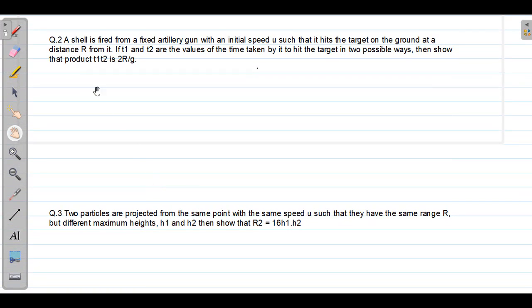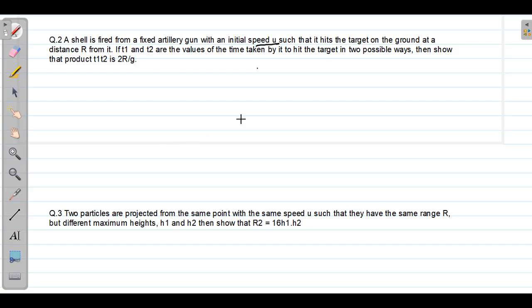Question number 2. A shell is fired from a fixed artillery gun with an initial speed u, such that it hits the target on the ground at a distance R from it. If t1 and t2 are the values of the time taken by it to hit the target in two possible ways.